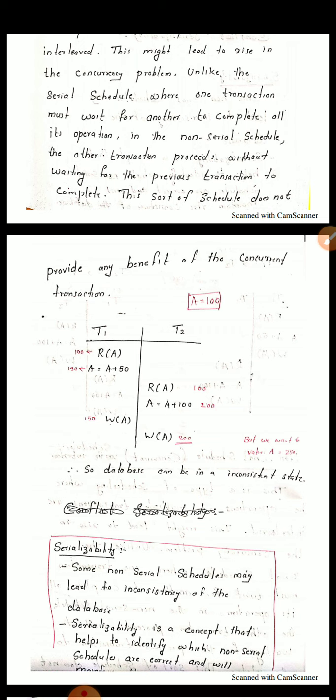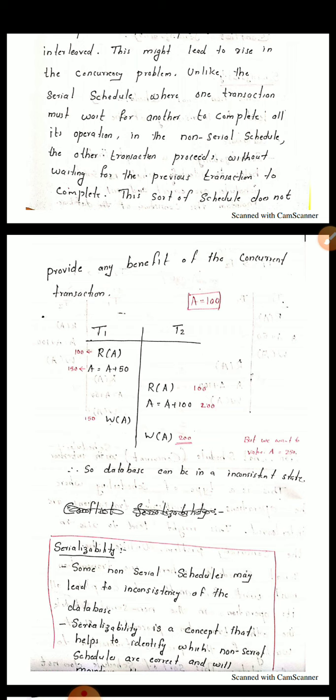Then the T1 transaction's write operation is performed, writing 150. After that the T2 transaction also performs its write operation. Now the value of the database item is 200, so the database can become inconsistent. So that is the problem.